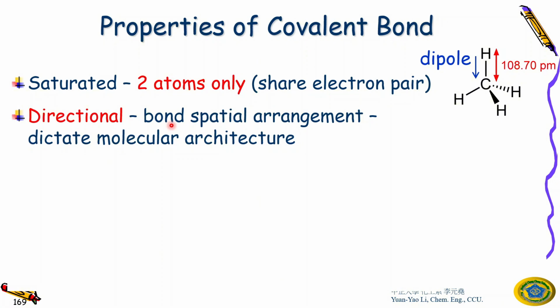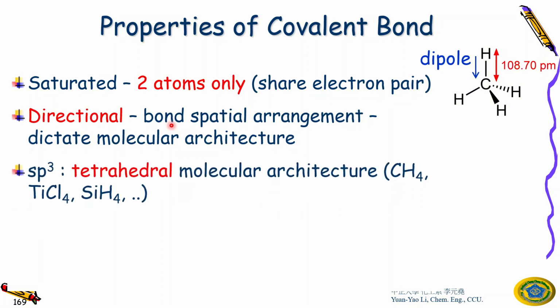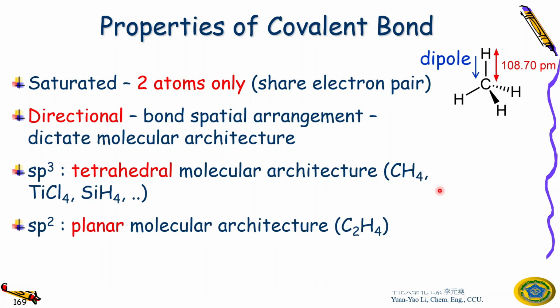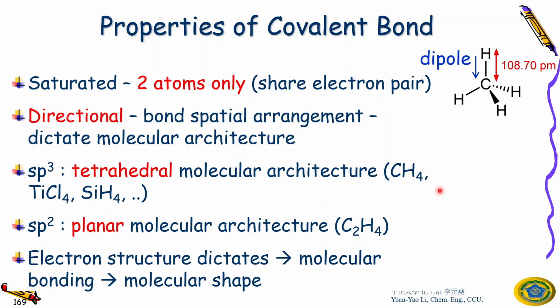Because of the dipole. And then sp3 gives a tetrahedral molecular structure, and sp2 gives a planar structure, right? The electron structure indicates molecular bonding and molecular shapes.